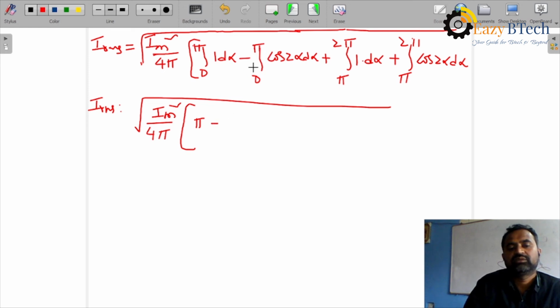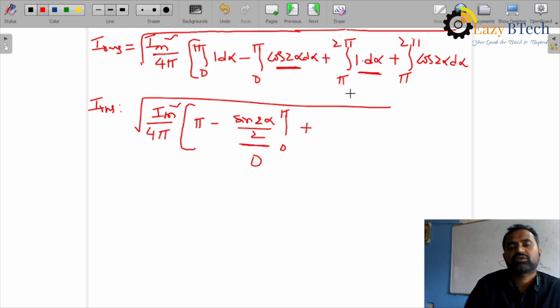you can see here 0 to pi, integral of sine, here minus integral of cos. So integral of cos is sine 2 alpha by 2 with the interval between 0 to pi. If you substitute, this value is also becoming 0 because sine 2 pi is 0, sine 0 is 0. Plus here also, by substituting, this value integral of pi to 2 pi 1 d alpha is alpha.